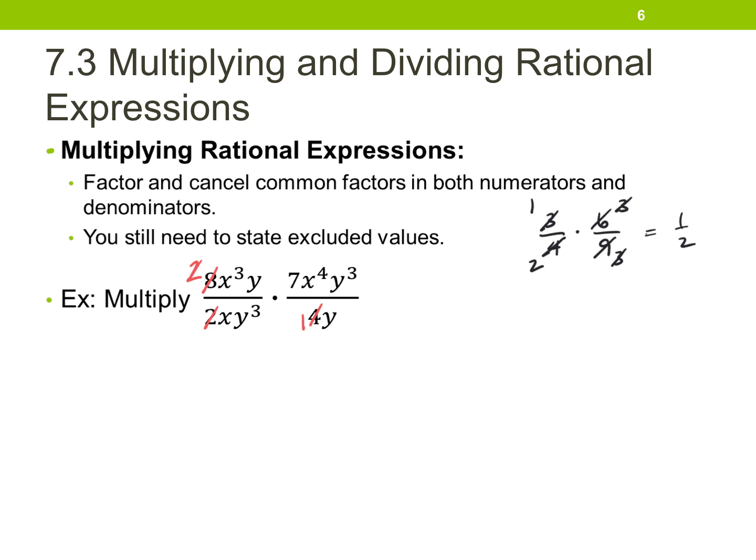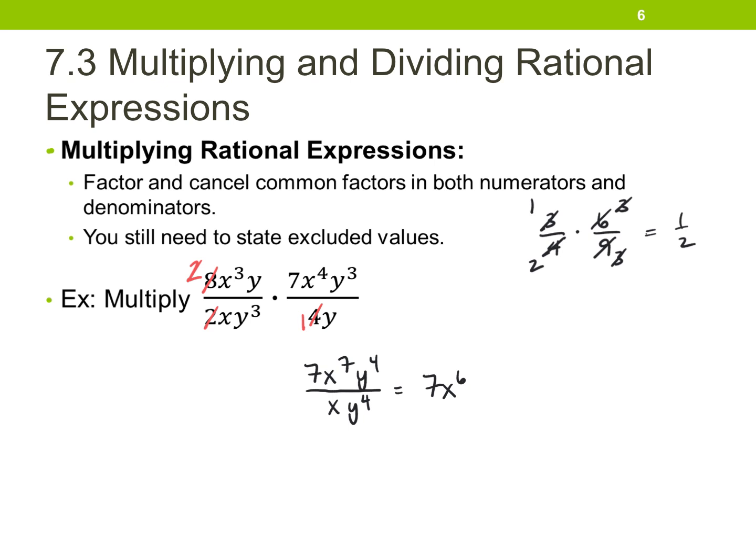And then I would multiply straight across, giving you 7x to the 7th, y to the 4th, over x, y to the 4th. And then you can simplify based on your understanding of how to reduce your exponent. And that becomes 7x to the 6th power.